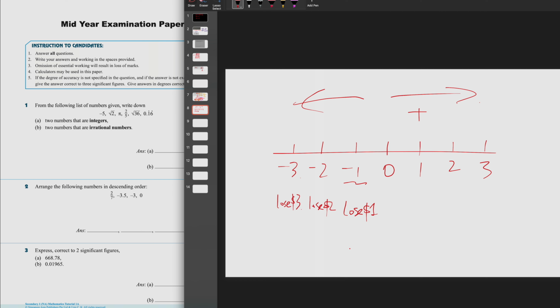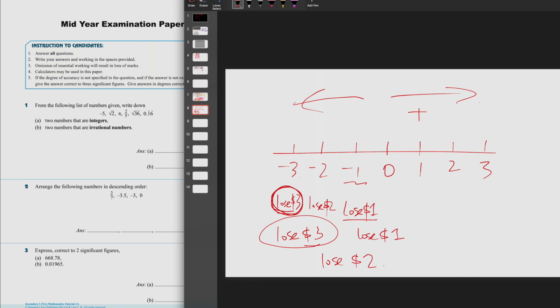So if you lose $3, compared to losing $1, you will lose more. Basically you will lose $2 more.